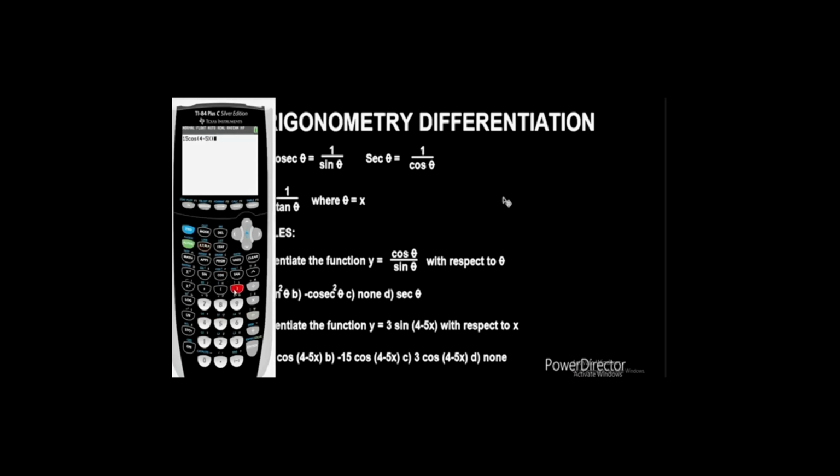Alright, press enter. 14.40. No, we got minus 14.40. So basically, this option A is similar to option B. The difference is the negative sign. So the answer to this question will be option B.